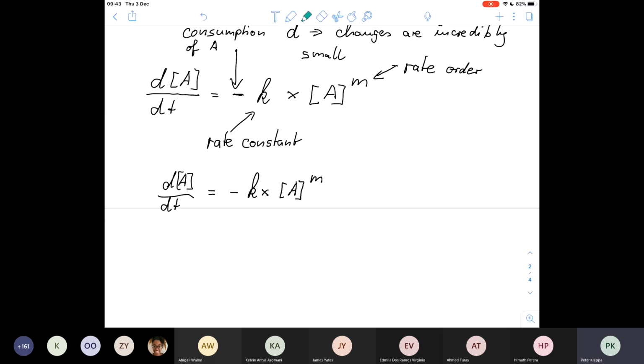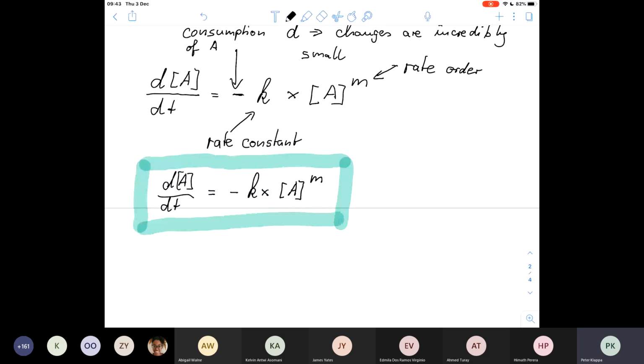And that is actually something that I want you to remember, because this equation here is known as the general rate equation, or general rate law.